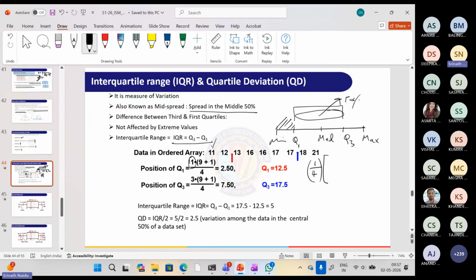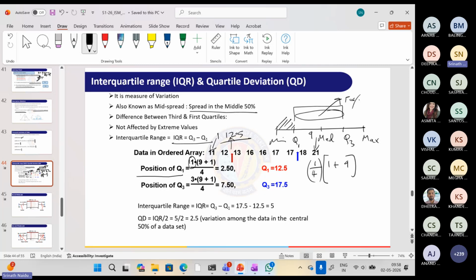The first guy is at position 1, second guy is 2, 3, 4, 5, 6, 7, 8, and this is 9. So 1 plus 9. That gives you the position of Q1 as 2.5. That is, you have to go 2 units and half a unit to the right. Now, what element is there at the 2.5 position? Well, you assume that there is a 12.5 over here.